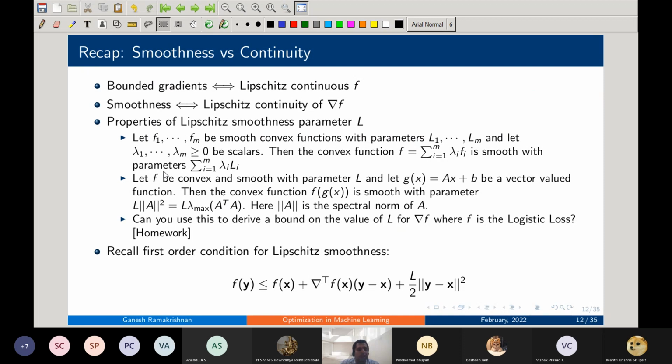Now, can we do something more with respect to spectral norms, etc., to derive a bound on the value of L for the gradient of f, where f is the logistic function loss? Basically, what we're looking for is the Lipschitz smoothness constant. We call this the first order condition for Lipschitz smoothness. So we want to determine this L. Anyone had any success? This was a homework problem.